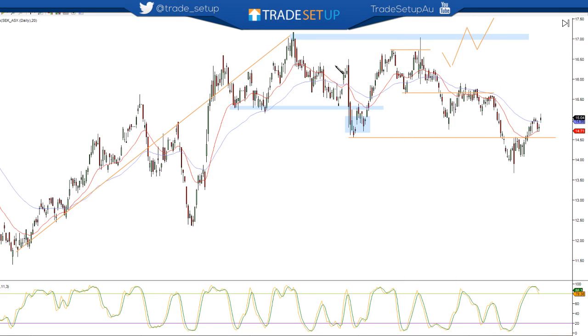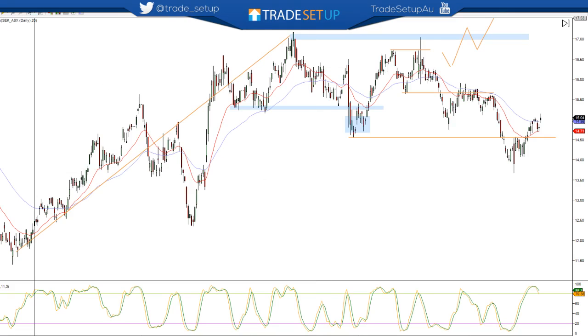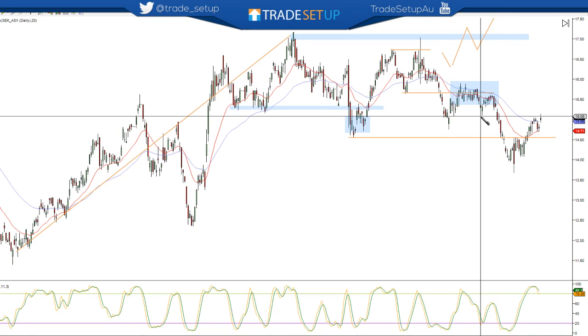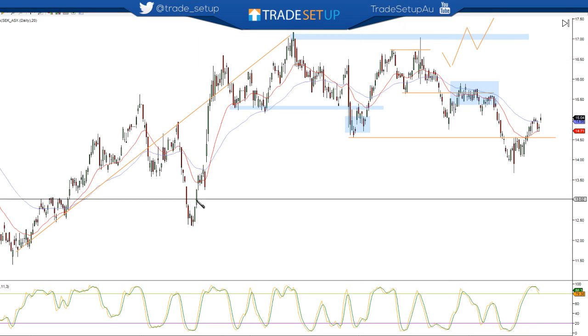So at the moment, my bias is to the downside, especially after we've seen this lower high, a major lower high. So the market's pushed up, it's pulled back, whether that's contraction lower, and then we build for another strong leg up like we've seen.